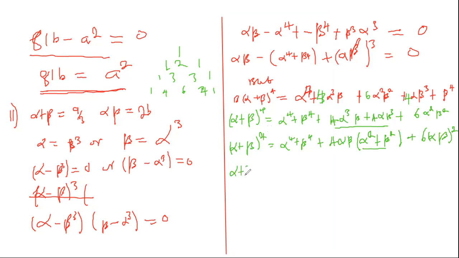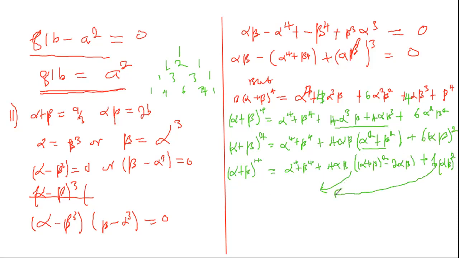So alpha plus beta to power 4 would be alpha to power 4 plus beta to power 4 plus 4 alpha beta into alpha plus beta squared minus 2 alpha beta, then plus 6 alpha beta squared.